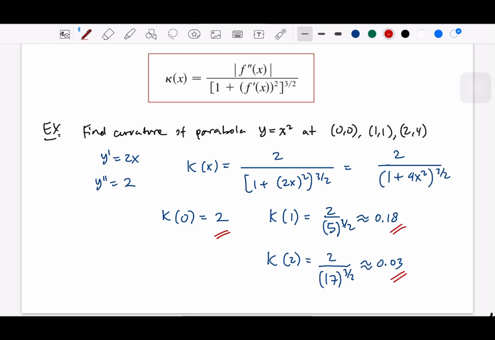Okay. So if you see what this curvature really means, if you get the parabola, say this is the parabola, let's say this is y equals x squared. From this computation, if we compute for all possible points of x, let's say this is 2 here, the curvature will be like that.